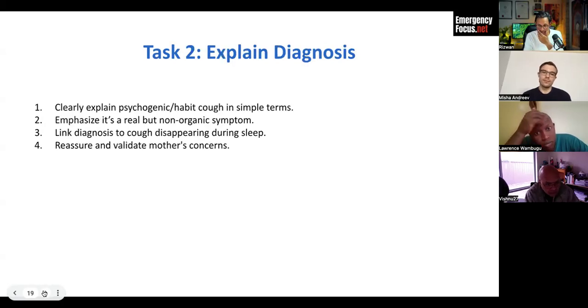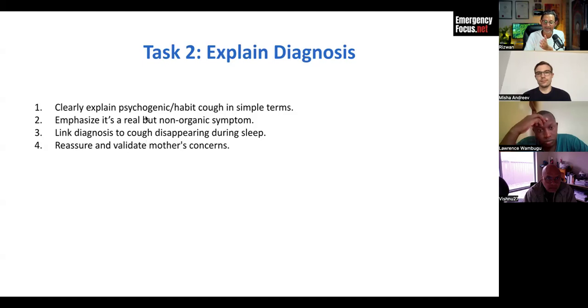Now, explaining the diagnosis is very important, because I think this scenario is almost 50-50, as was the previous scenario, in terms of educating the parent. So he clearly explained that, look, you need not worry. It doesn't sound like there's any red flag symptom of asthma or any long-term infection or any allergy component.